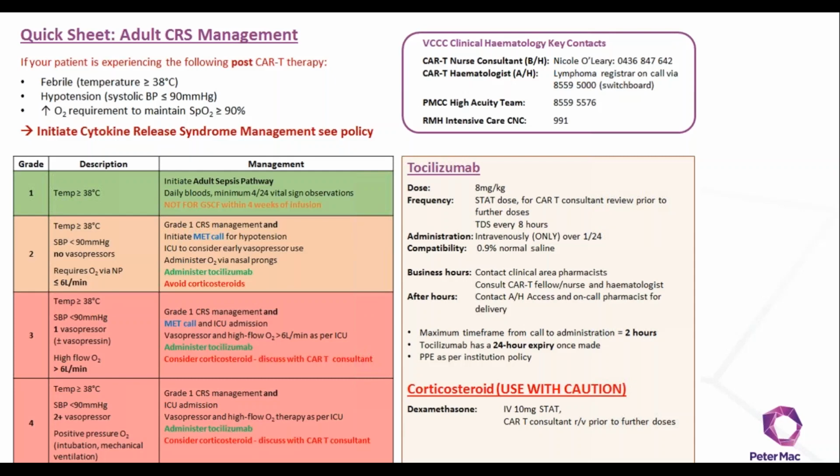So after this one, the tocilizumab, because we're looking for a guideline for this. Do we have it in our policy, just in case? There's a guide in the policy. There's a guide on the toxicity, and it's also in the safe injectables. Tocilizumab is also used for rheumatoid from memory and can be given subcut. So just to flag, it's always an IV infusion.